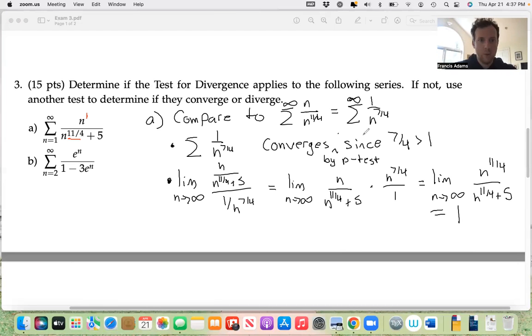One thing to point out here is that if you divided these in a different order, that wouldn't affect the way the test works. It might change this number, but if this number is not 0, if you take its reciprocal, that's also not 0.